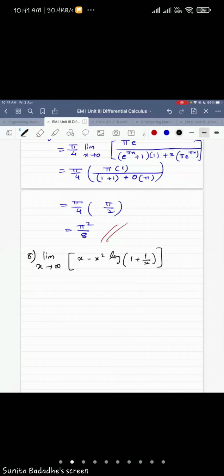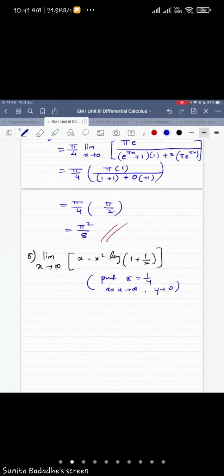So what you have to do here, I'll not solve it. Without that also you can simplify, but calculation will become simple if you put x equal to 1 by y. So as x tends to infinity, y will tend to 0.